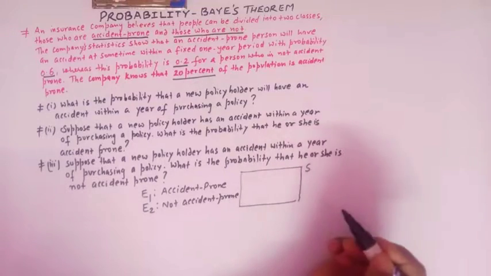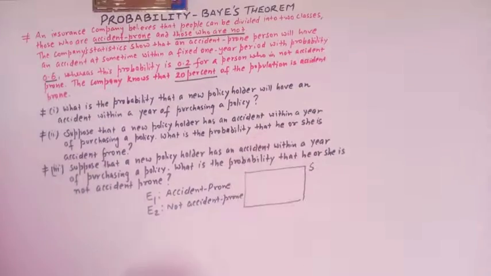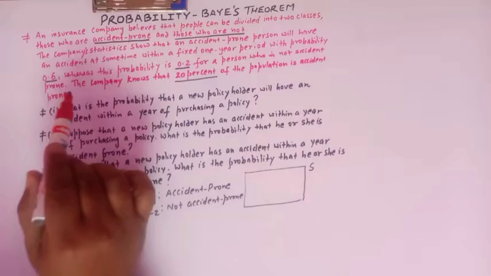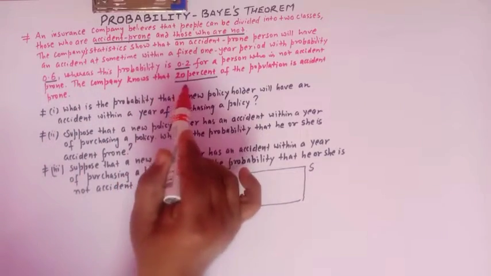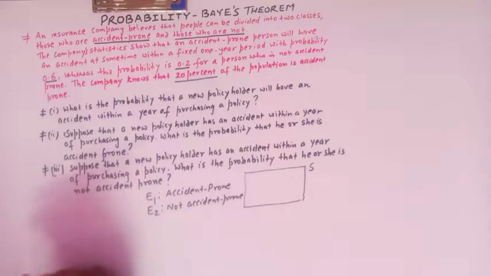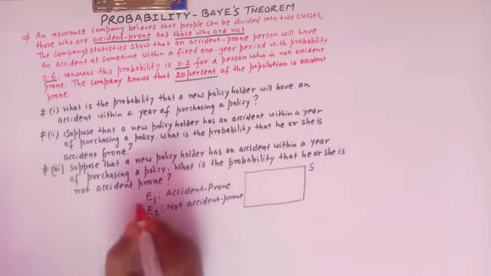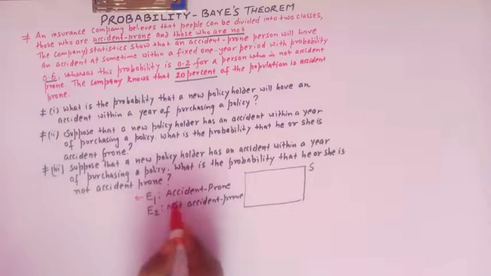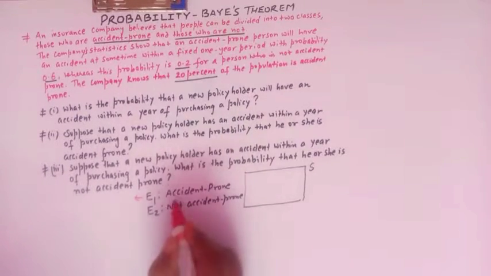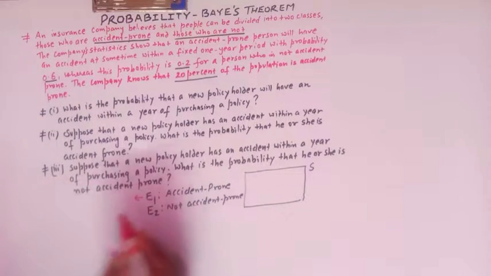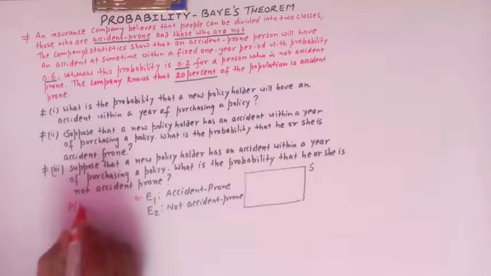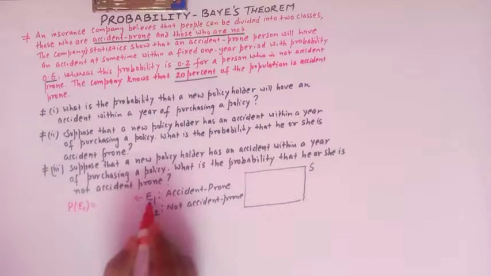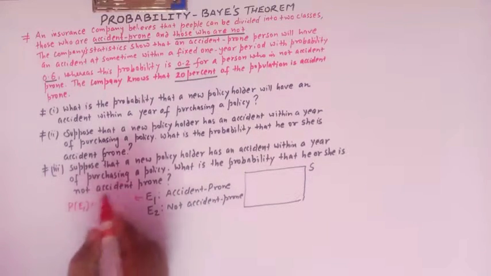And here we have the sample space S, and now we are given that the company knows that 20% of the population is accident prone, and we have assumed that event E1 represents the people who are accident prone. So the probability of event E1 is 20 over 100.